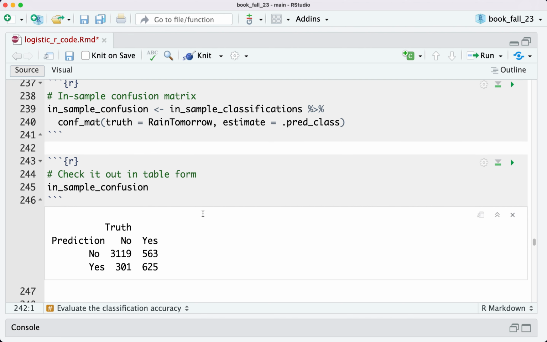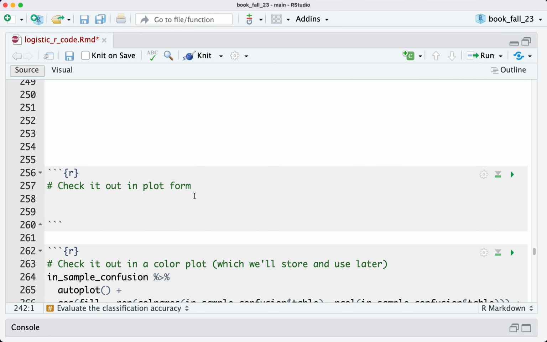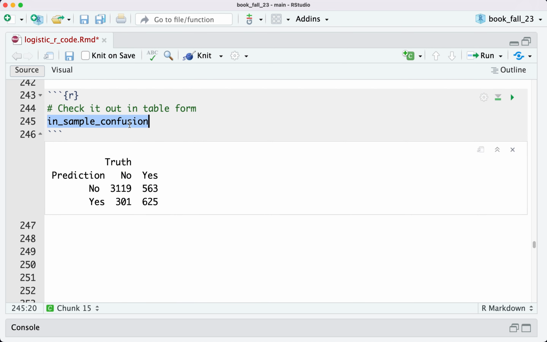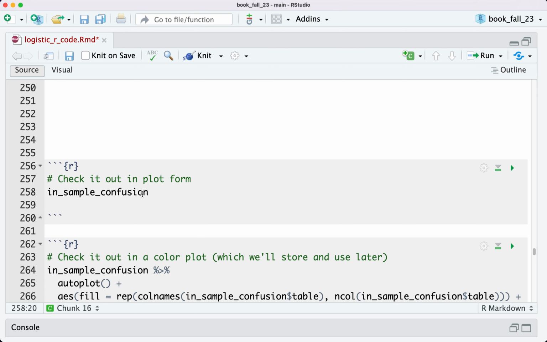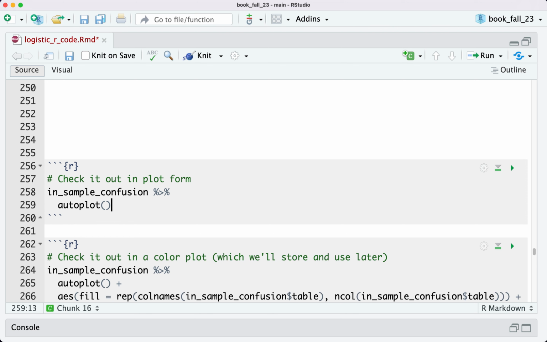We can also check out this information of correct and misclassifications in a plot form, specifically a mosaic plot. To get the mosaic plot, we can just take our in-sample confusion, and instead of just printing it out, we can pipe it into an autoplot. We've seen autoplot now several times for various algorithms.